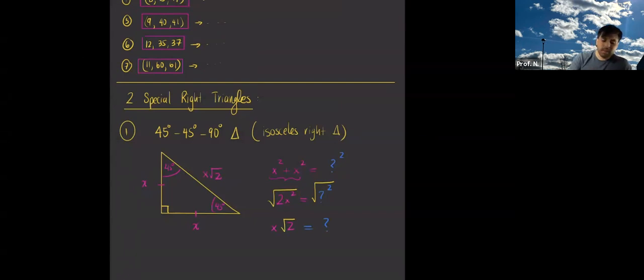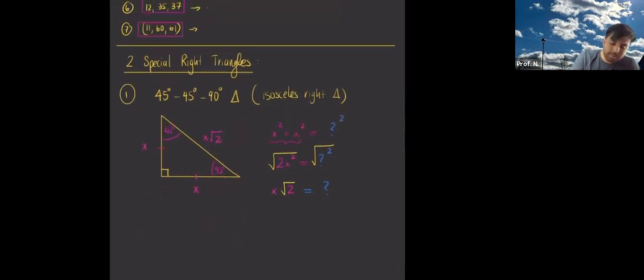Now, what makes this special is that this always is true for every 45, 45, 90-degree triangle. It always has the ratio of these sides x, x, x rad 2. So for example, if I know beforehand that I have a right triangle with two 45-degree angles, and I know one side is 5, then I know everything.